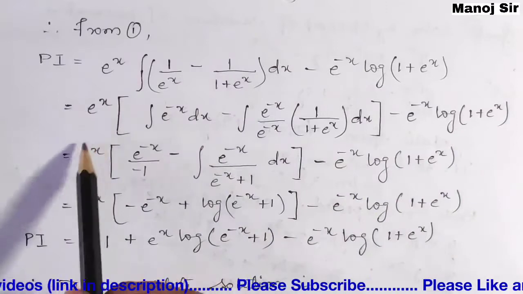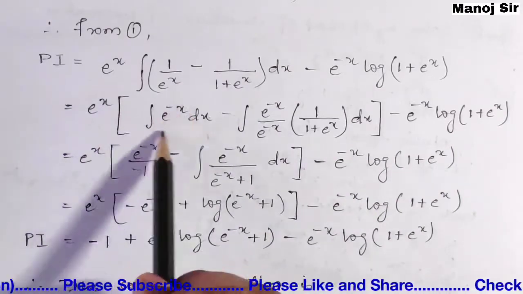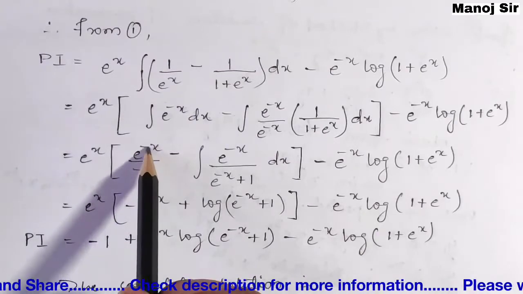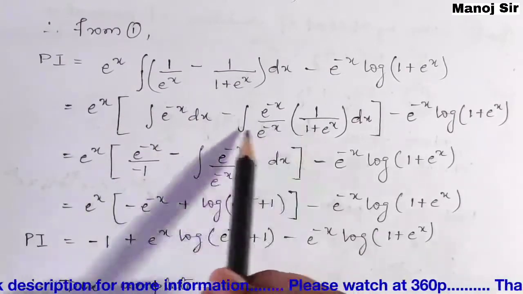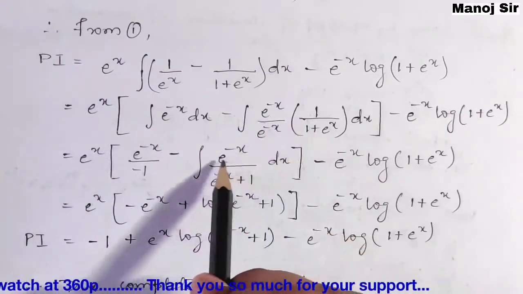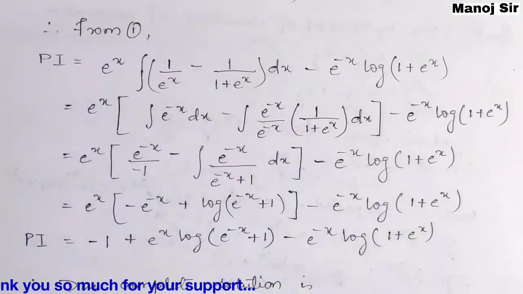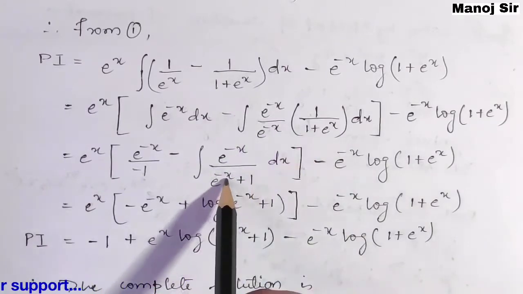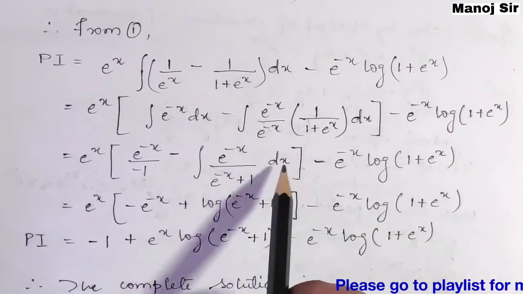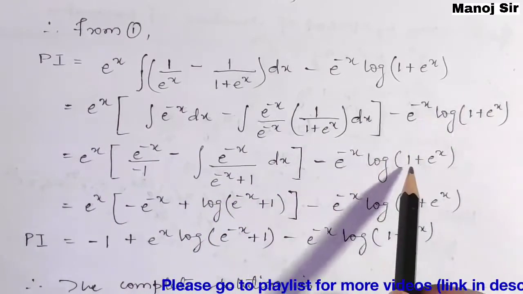Next step, integration of e to power x will become e to power minus x upon the coefficient of x, that is minus 1. Now coming to the next step, that is minus of integration e to power minus x into 1, that is e to power minus x. Now e to power minus x into 1 is e to power minus x, and e to power minus x into e to power x is 1, dx. Now this part is as it is.